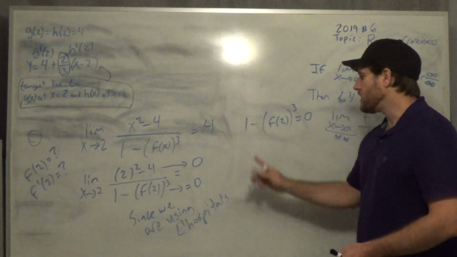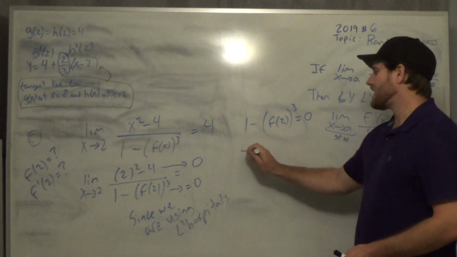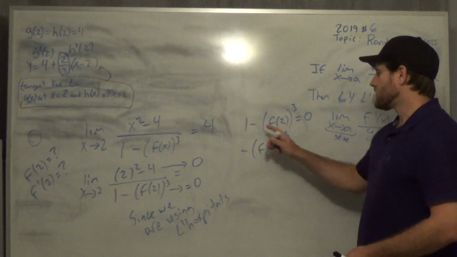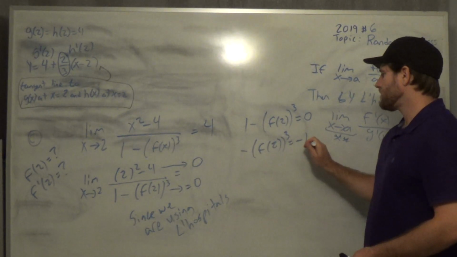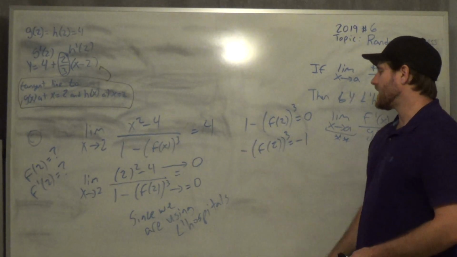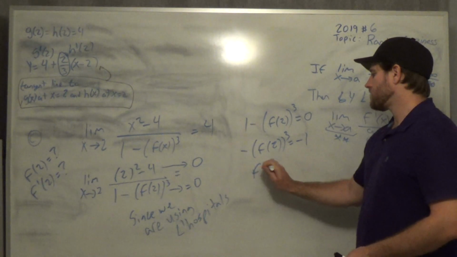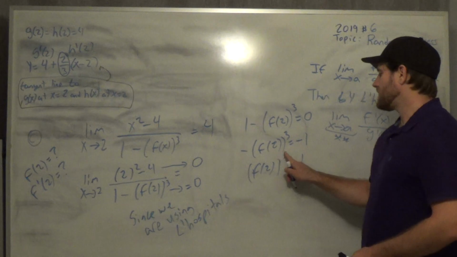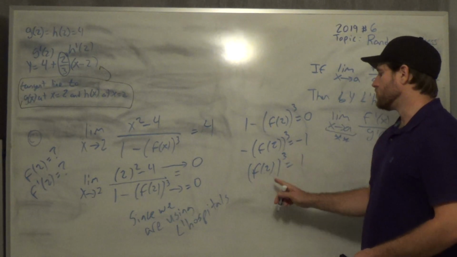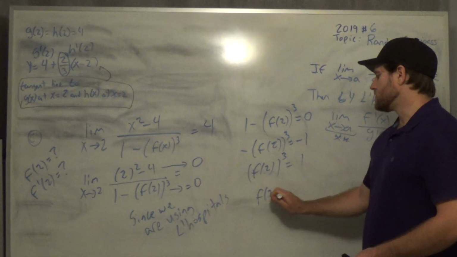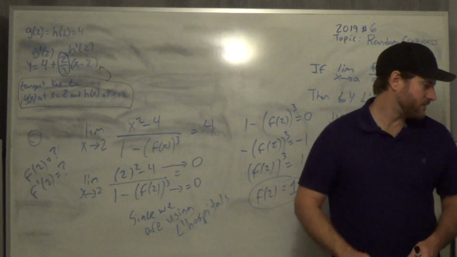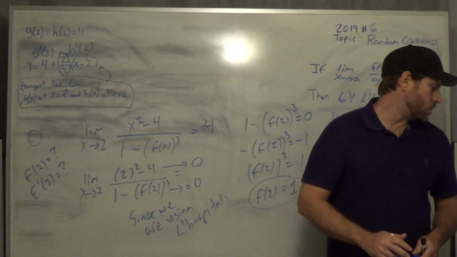And now we just solve. I'm going to subtract the 1 to the other side. Hard question, by the way. I understand this. Then I'm going to get rid of the negative by dividing by a negative. And then I'm going to get rid of the third power by cube rooting. And the cube root of 1 is 1. And we get f of 2 is 1.